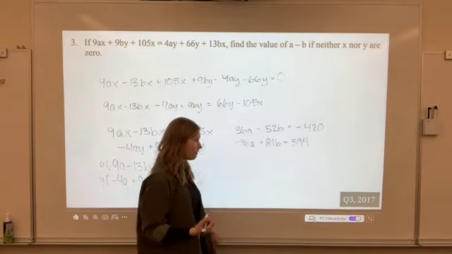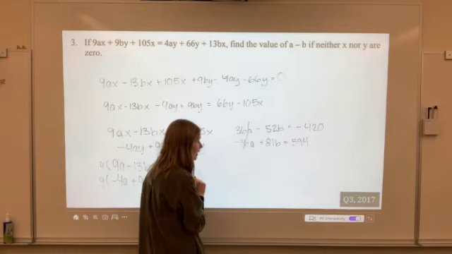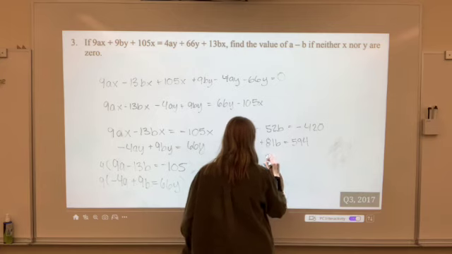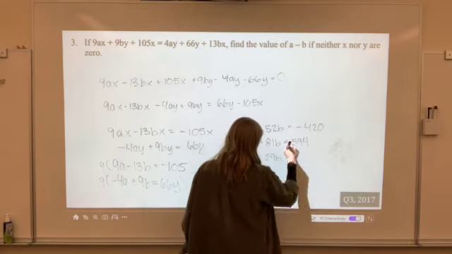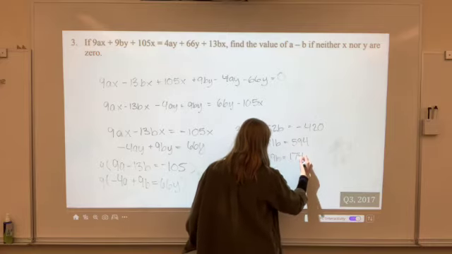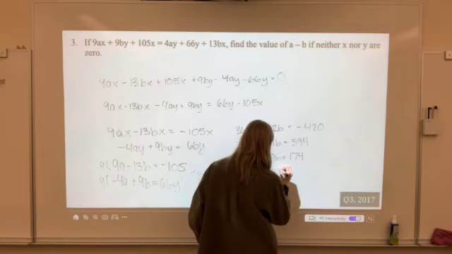Okay, now if we add these together, we cancel out the 36a, and we get 29b equal to 174. All right, let's divide both sides by 29 and we get that b is equal to 6.